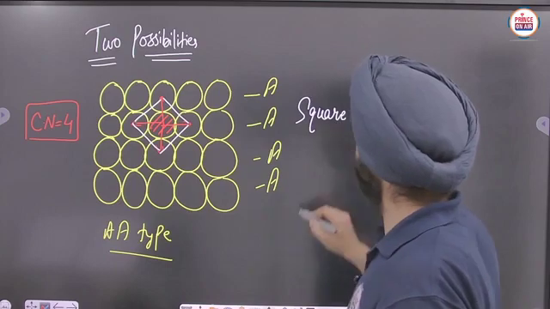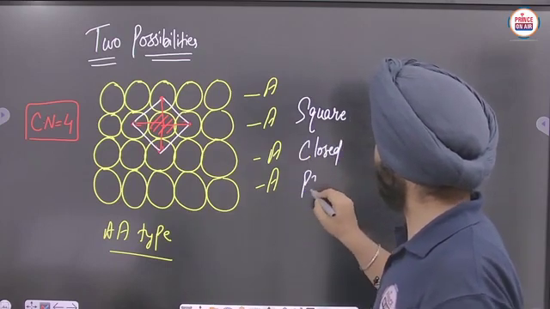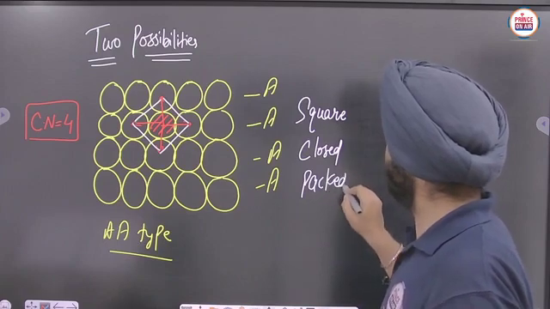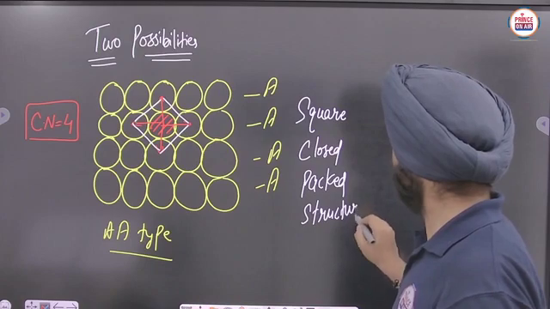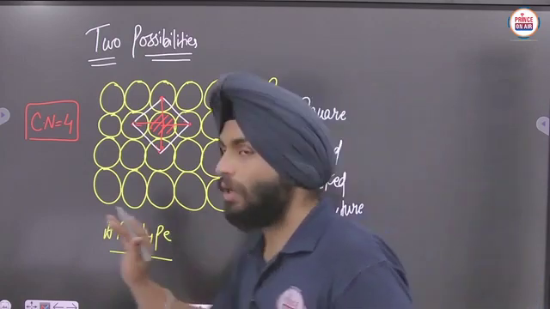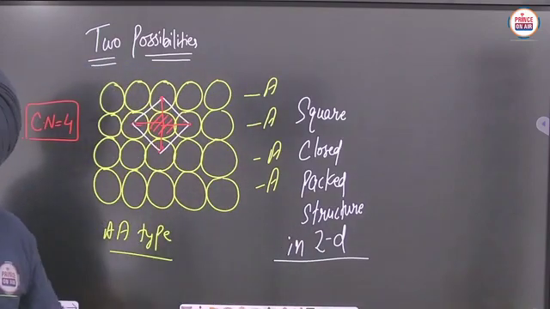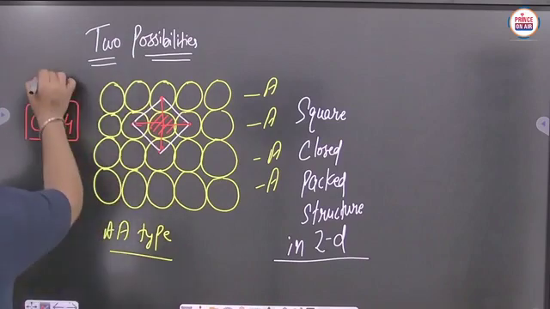So it is also known as square close packed structure in 2 dimensions. Clear? That is the main part here. So that is the first possibility.